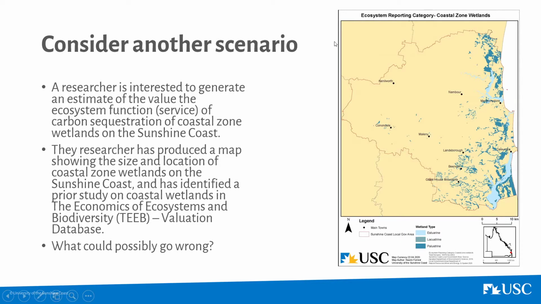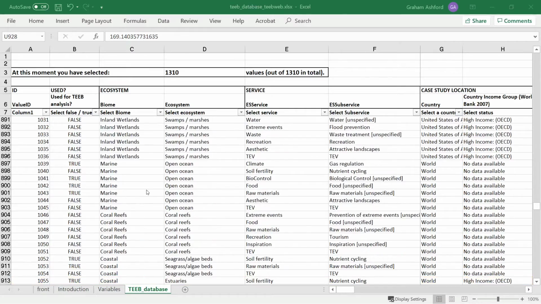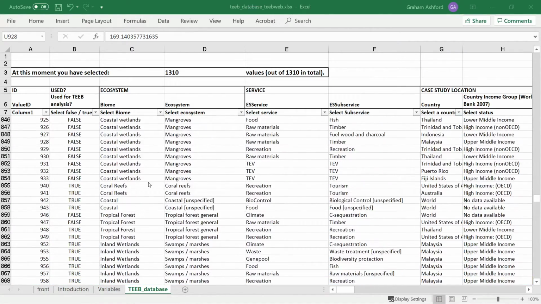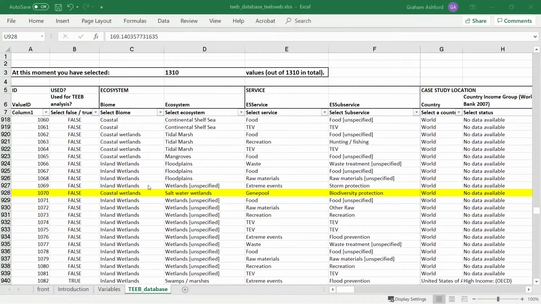So let me show you that. This comes from the environment database. It's a database of previous studies that have been completed that have investigated different types of ecosystems and different ecosystem services through different kinds of methods, and then they indicate the dollar values.